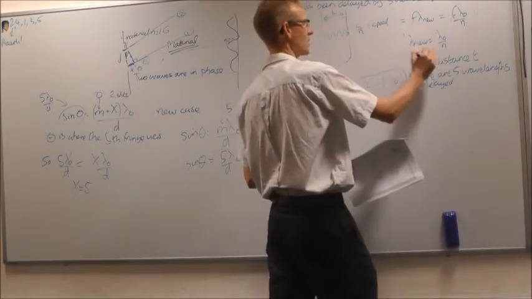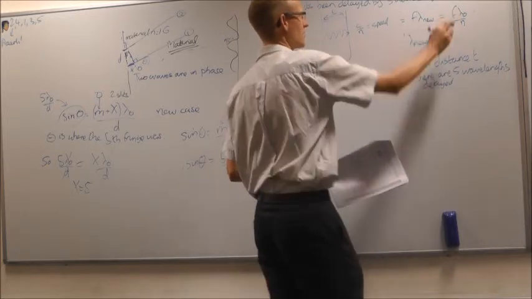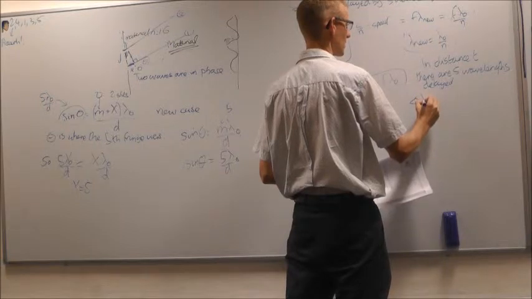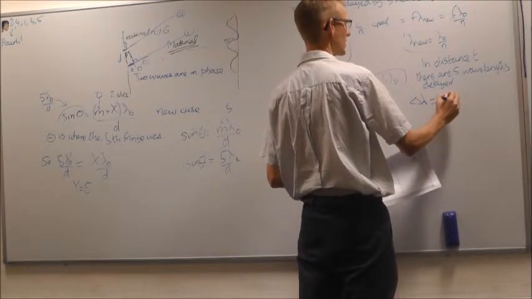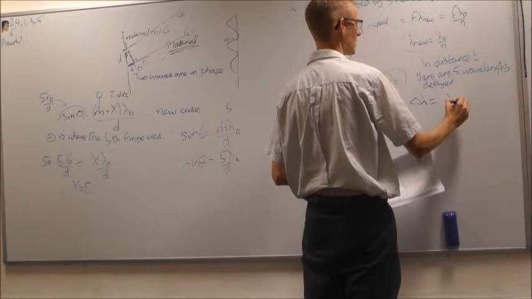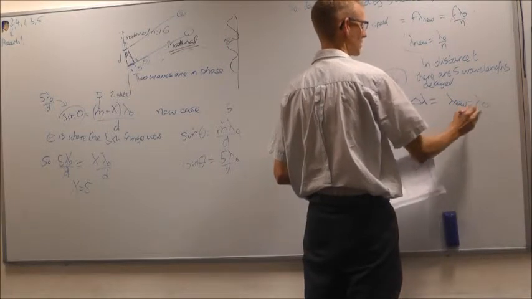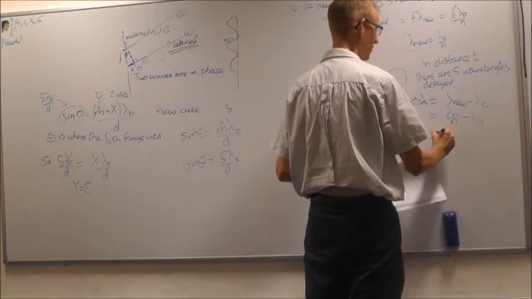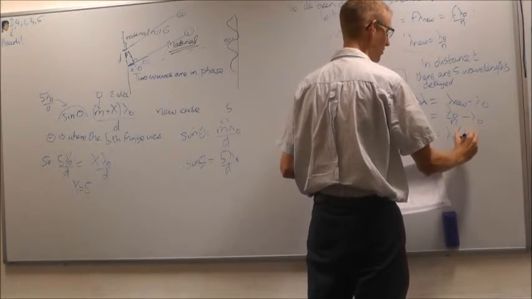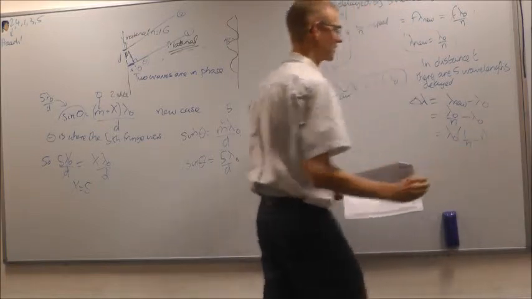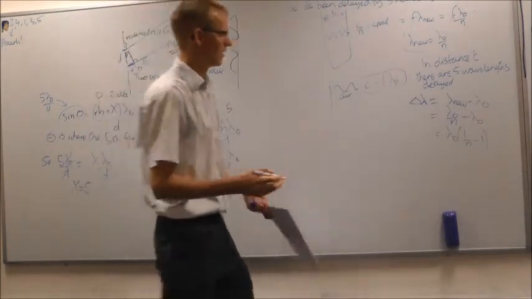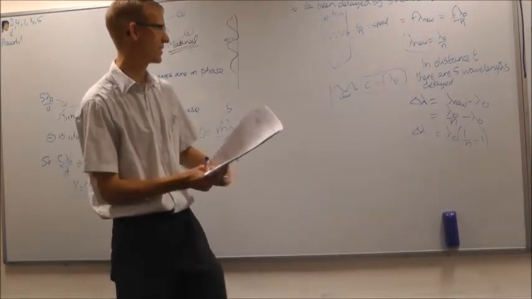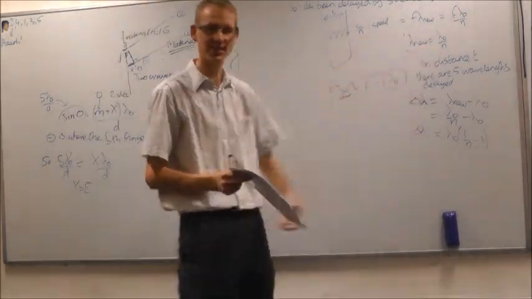So the difference between lambda nu and lambda 0, so delta lambda, is that, which is lambda 0 over n minus lambda 0, or lambda 0 times (1 over n, take 1). That's your change in wavelength, and we're saying we've got 5 of those in distance t.